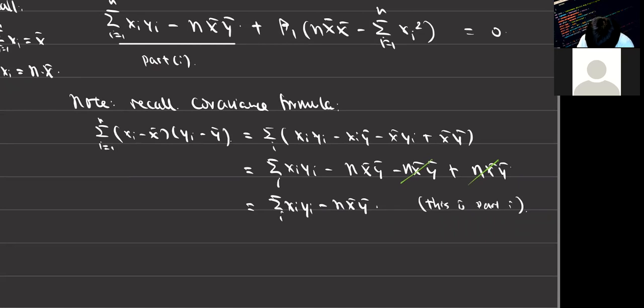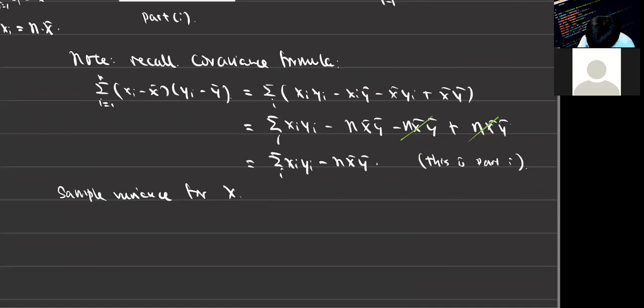Okay, so now we're going to continue with the sum of squares for x, or you can say sample variance if that makes it easier to memorize. Sample variance, just without the 1 over n minus 1 term.